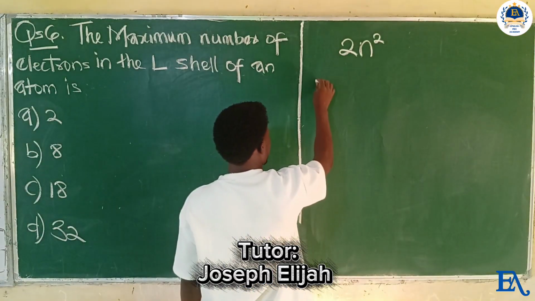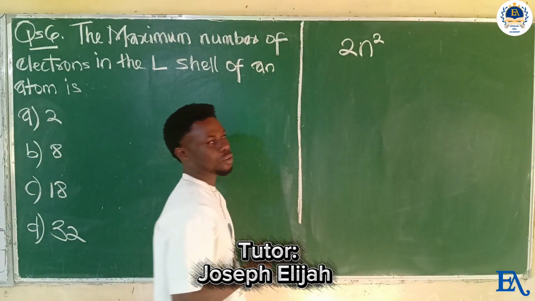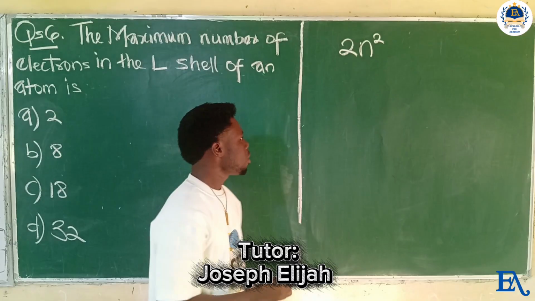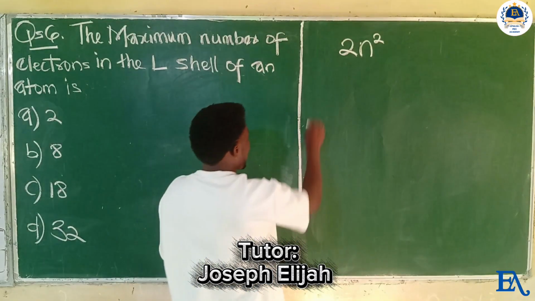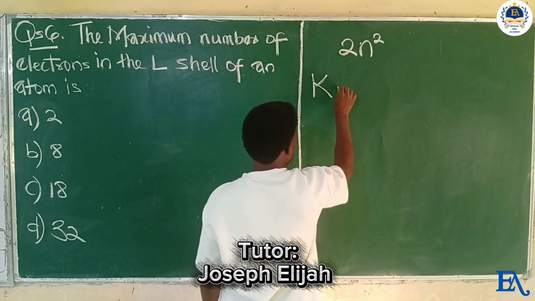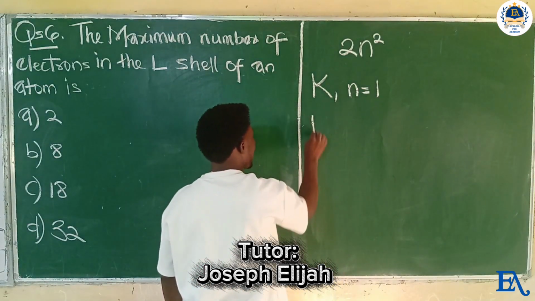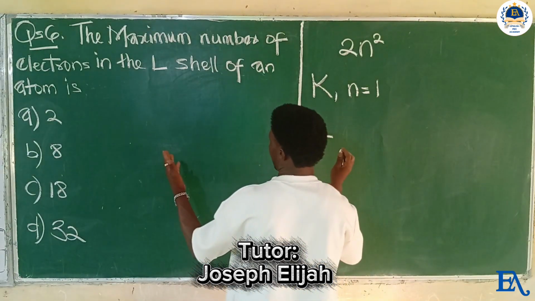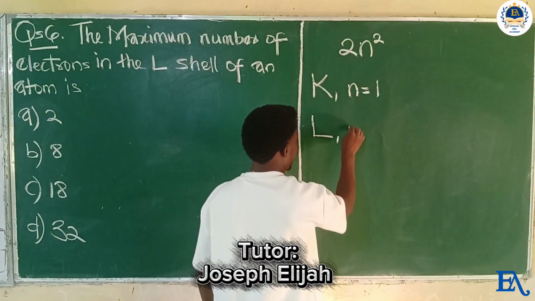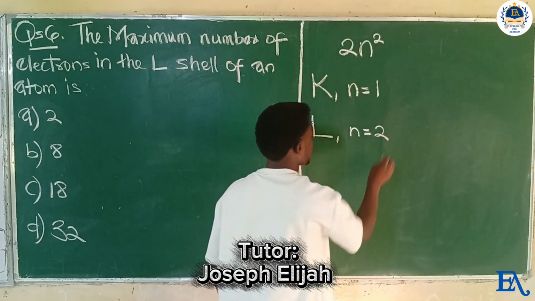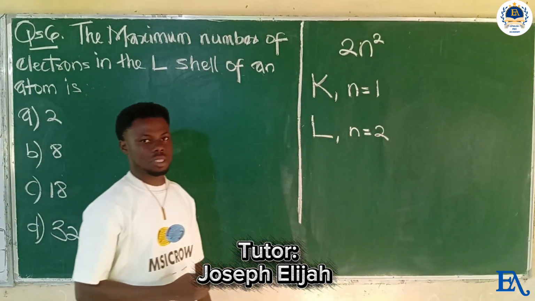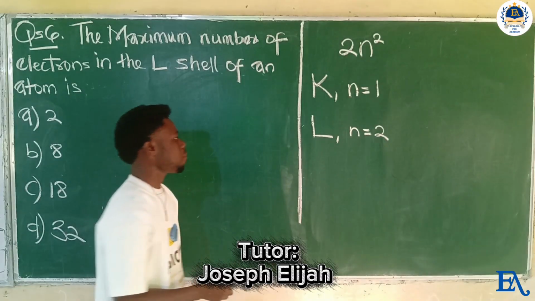When drawing an electronic configuration of an element, we begin with the K shell. At K shell, n is equal to 1. At L shell, which is the required shell from the question, n is equal to 2. So you can substitute this into the general formula.